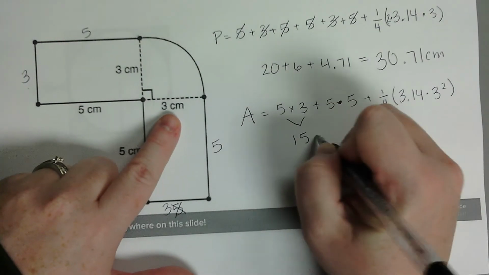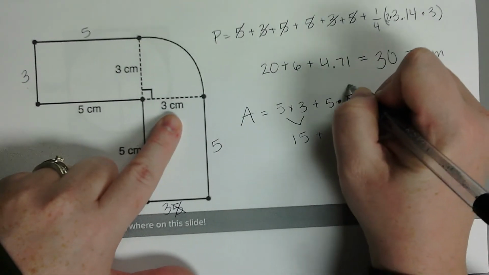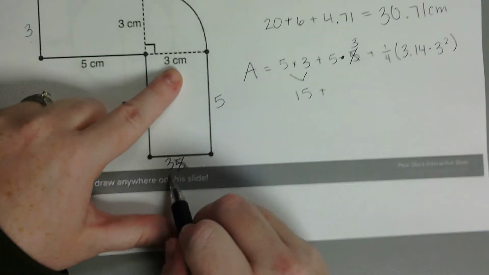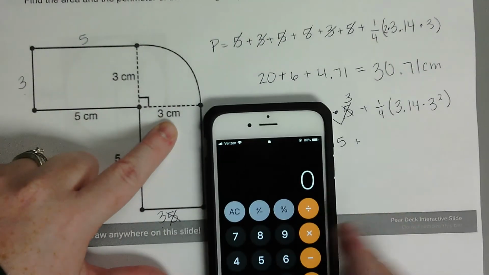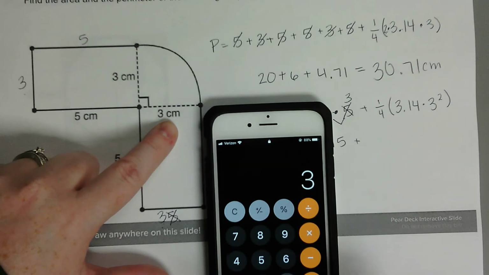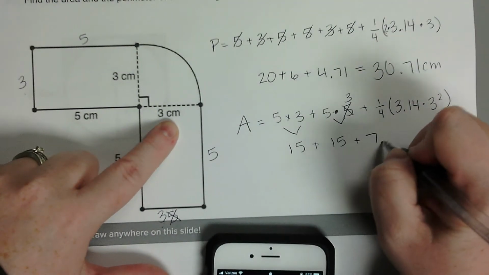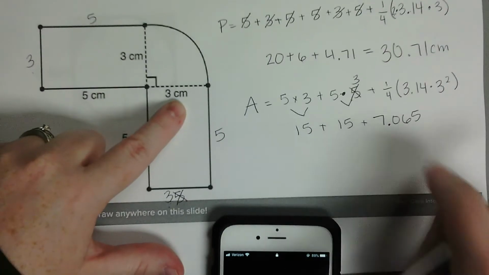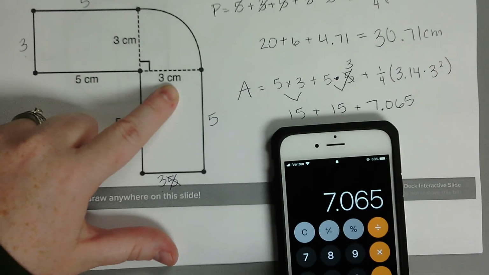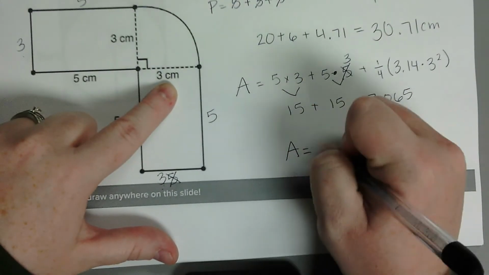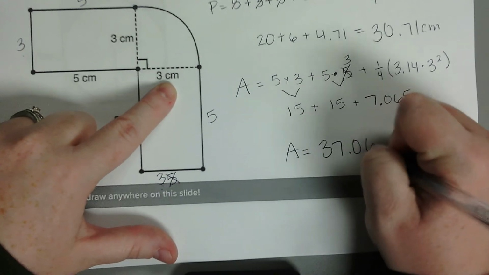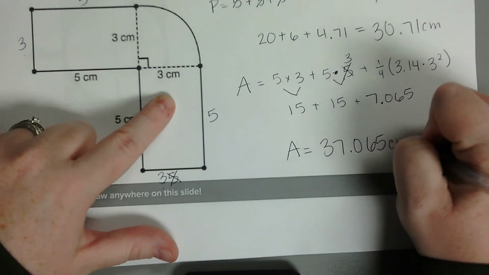So I have 15 plus, sorry guys, that should have been 3 because my blank down here is 3. 15 plus pi times r squared. And we only have a quarter of it. Now I can add up my values. So the total area is 37 and 65 thousandths centimeters squared.